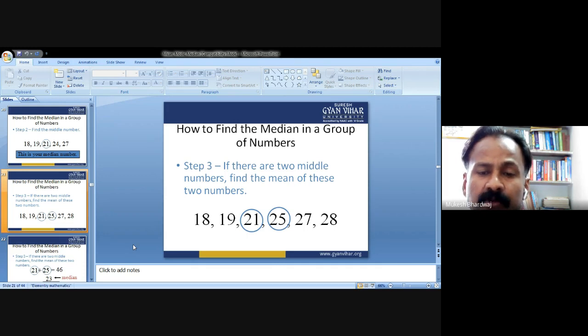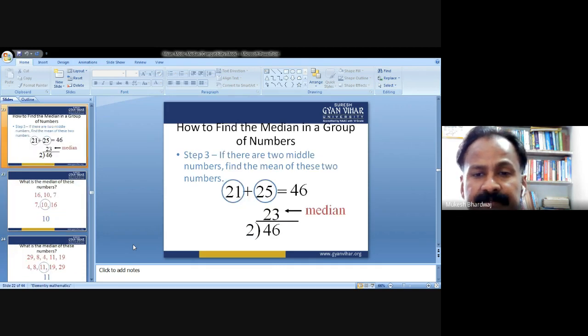See in this slide: if there are two middle numbers, find the mean of these two numbers. 21 plus 25 comes out to be 46. When 46 is divided by 2, the quotient comes out to be 23, and this 23 is the median. Any doubt?